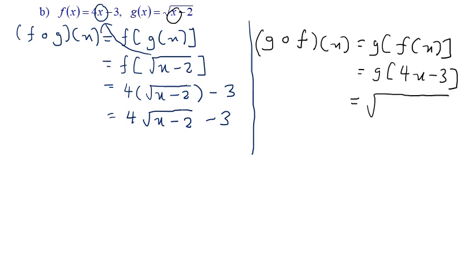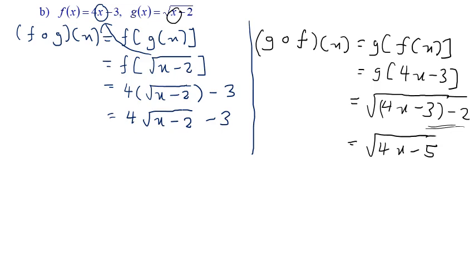So square root of x now we start with 4x minus 3, right? 4x minus 3 and then minus 2. So here we can simplify, right? Minus 3 minus 2 will be minus 5. Okay, so the final answer will be the square root of 4x minus 5. So that's it for example 2.